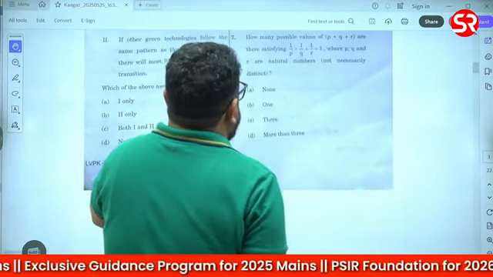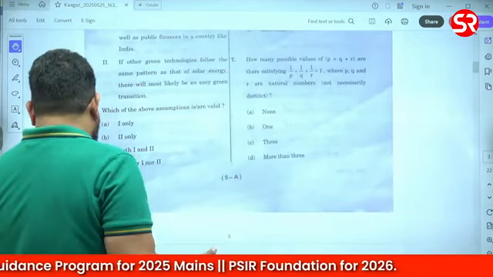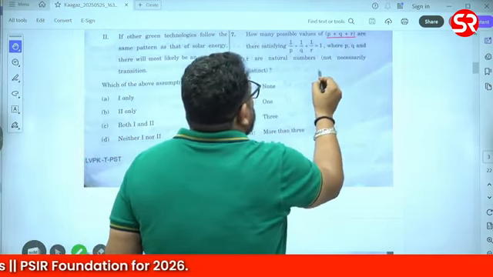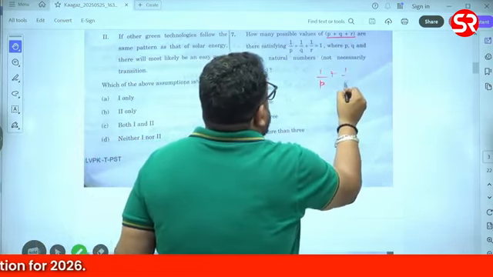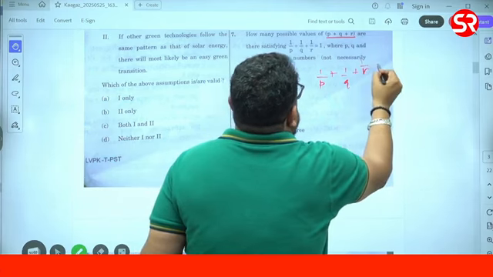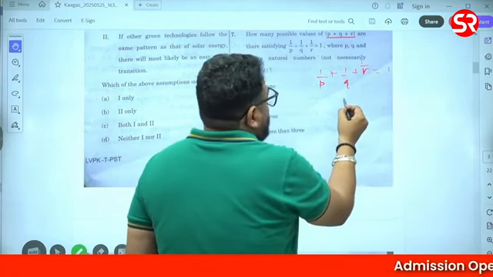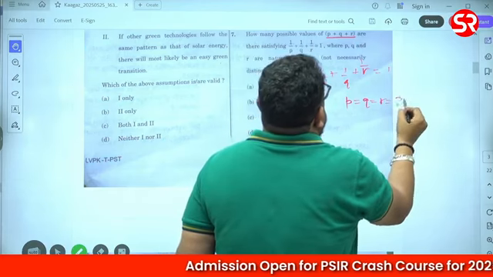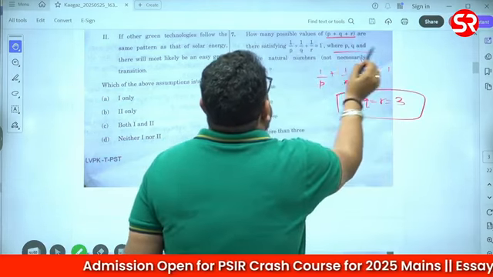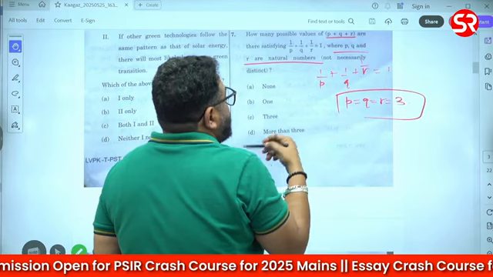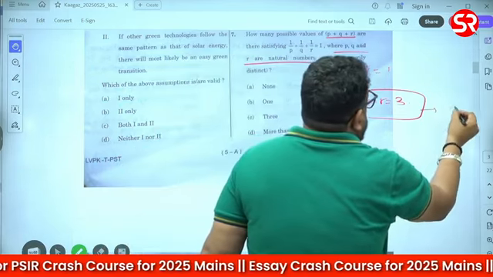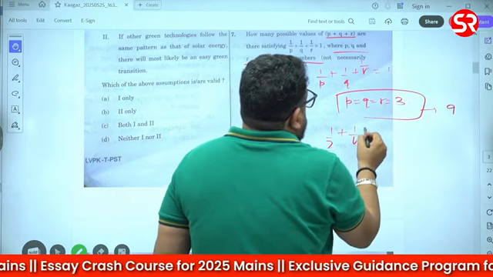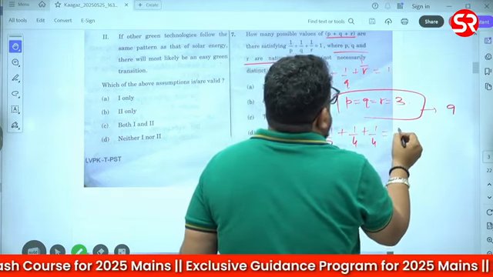Okay, next देखिए. How many possible values of p plus q plus r again? 1 by p plus 1 by q plus 1 by r is equal to 1. So it goes by p is equal to q is equal to r is equal to 3, where p, q, r are natural numbers, not necessarily distinct. एक value हो गई 9. Then second is 1 by 2 plus 1 by 4 plus 1 by 4 is 1.